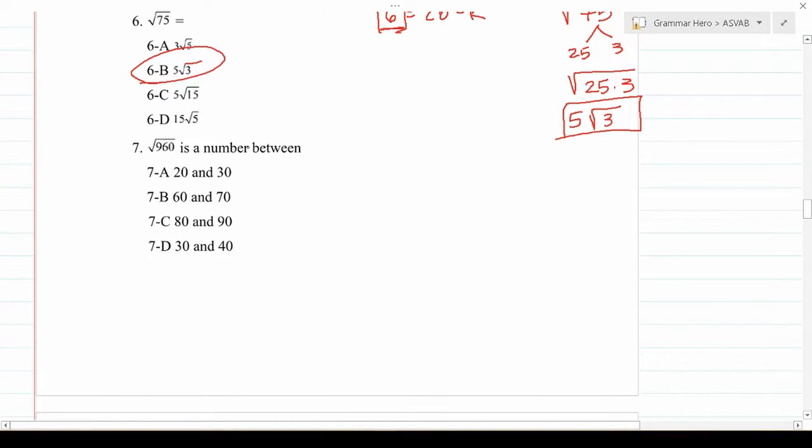Alright, number 7. The square root of 960 is a number between what? This is when it's helpful to be pretty good at estimating things.